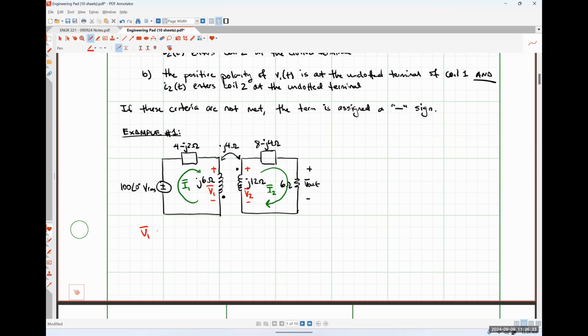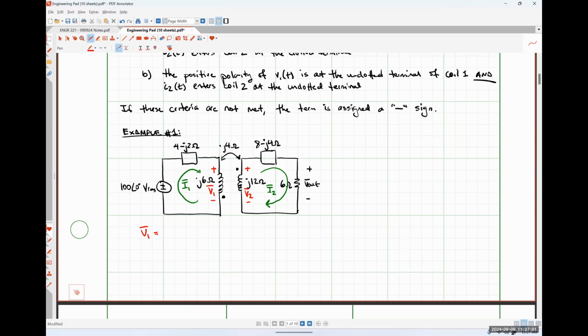Let's start with V1. Let's think about the self-induced portion of this voltage first. The positive polarity terminal of the voltage V1 is at the undotted terminal. We all agree on that. And our current I1 is flowing into the undotted terminal.